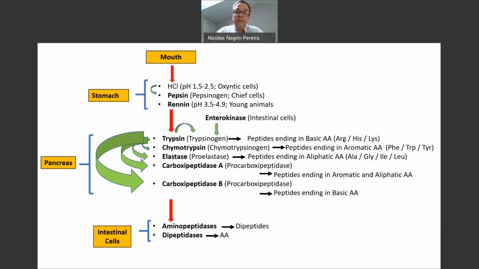Okay, and the other thing, if you see this diagram as a whole, you will notice how one enzyme is responsible for breaking down the product of a previous enzyme, and so on. This is a continuous process as the protein moves along the gastrointestinal tract from the mouth to the intestine.